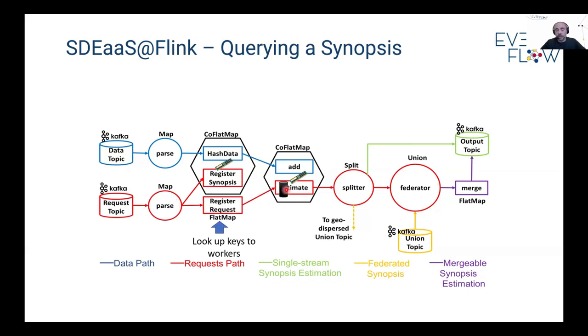The relevant synopsis may be maintained in one worker, in which case that worker directly delivers the output, or partial synopses may be maintained in multiple workers in a computer cluster, in which case we merge the partial synopses and then provide the output. Lastly, when we have these instances of the Synopses Data Engine across multiple clusters, we federate the partial synopses, merge them, and then we provide the output.